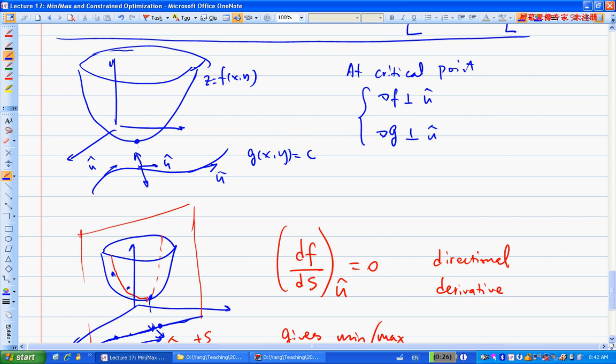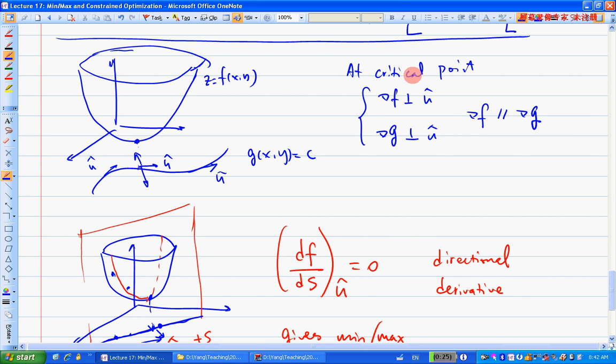So tell me, what's the relationship between del f and del g? Parallel. So that means del f must be parallel to del g. And that's the condition at the critical point or stationary point.